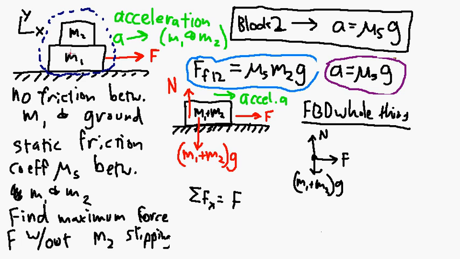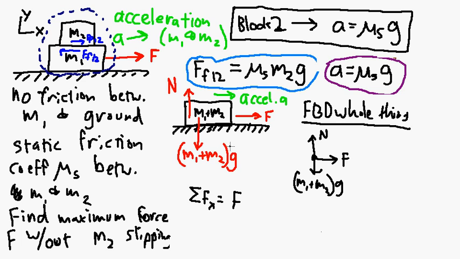I'm going to do this in blue, and I could add in the friction force between 1 and 2 and the friction force between 1 and 2, and I would say plus the friction force between 1 and 2 minus the friction force between 1 and 2, and they cancel out because they're both acting on our system of m1 plus m2.